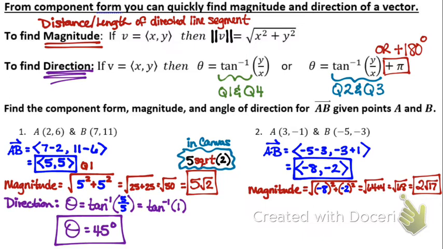Let's do our direction. For direction, I need to know what quadrant I'm in. What quadrant is this in? Q3. So do I need to worry about that adding 180 on the end part? Yes, I do. The only times I don't need to worry about it is when I'm in which quads? 1 and 4.